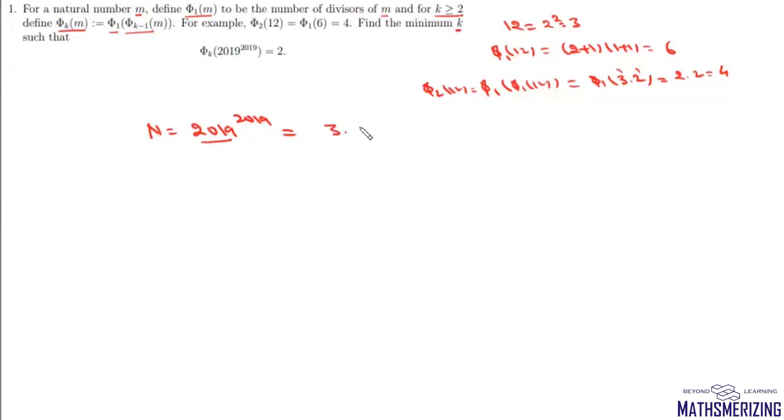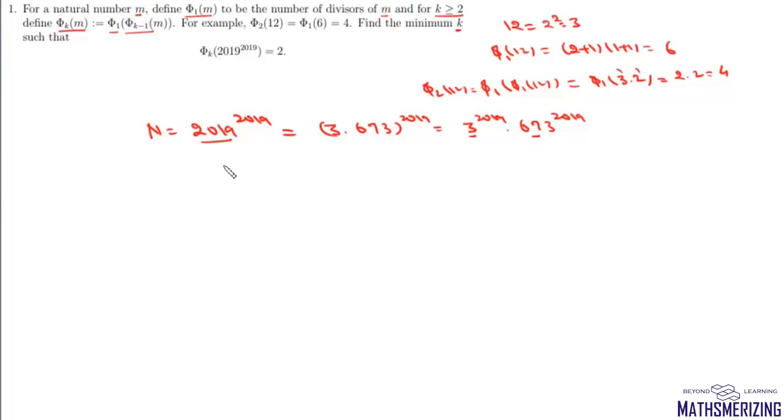So this is 3 into 673 to the power 2019, and we can write this as 3 to the power 2019 and 673 to the power 2019. Now both these numbers 3 and 673 are prime numbers.